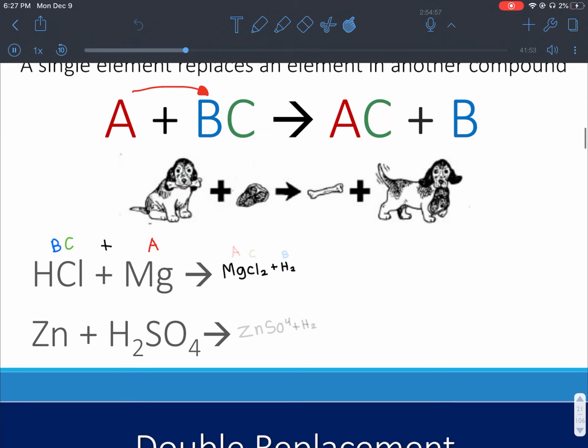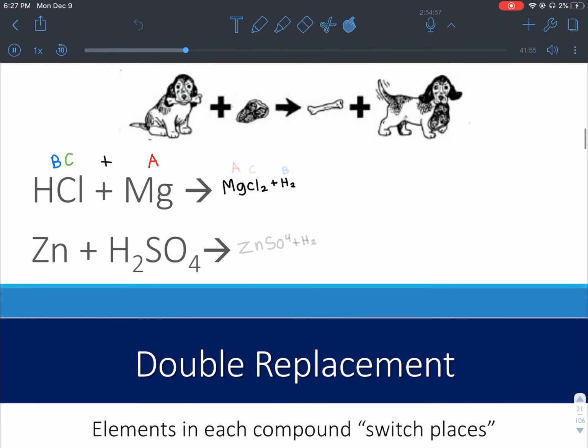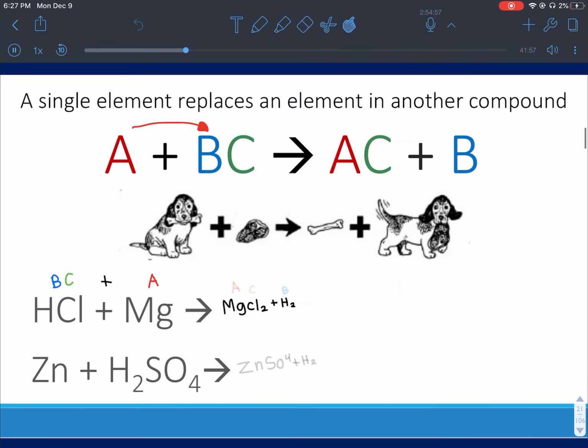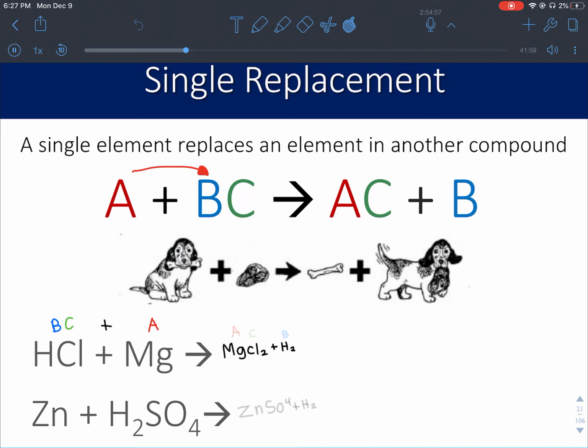All we're doing right now, though, is identifying this pattern as single replacement, because you have one thing replacing another in a compound. So that makes this compound over here: we have A paired up with C, AC, and then also we have hydrogen, B alone.